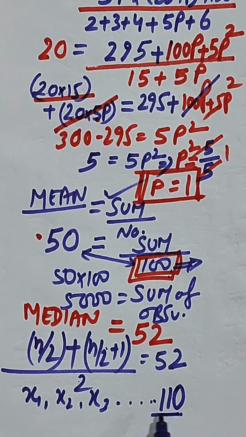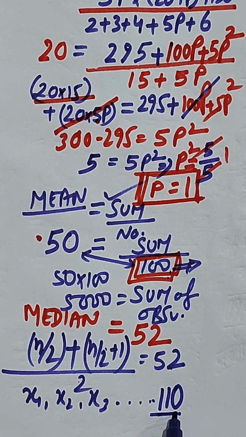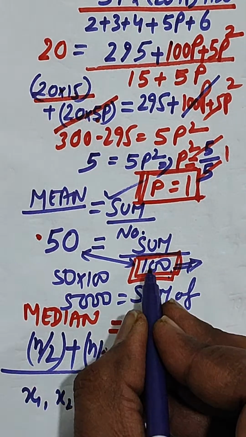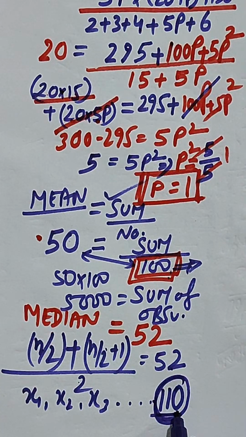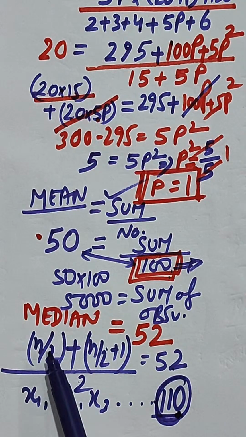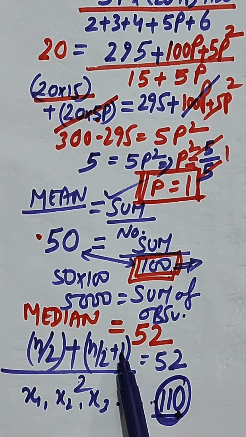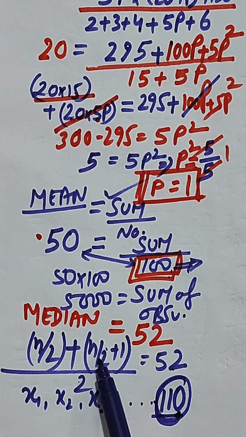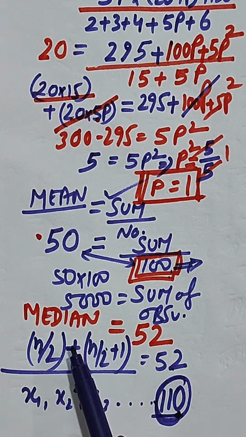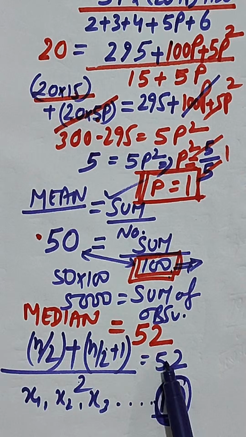The total number of observations is 100, but the maximum number is 110. So 50 by 2, that is the 25th term, plus the 26th term. 25 plus 1, 26. When you add the 25th term and the 26th term and find the average, this will give you the median, right?